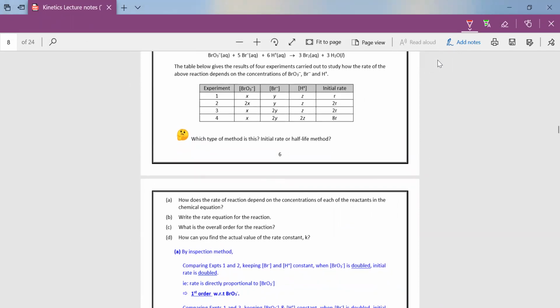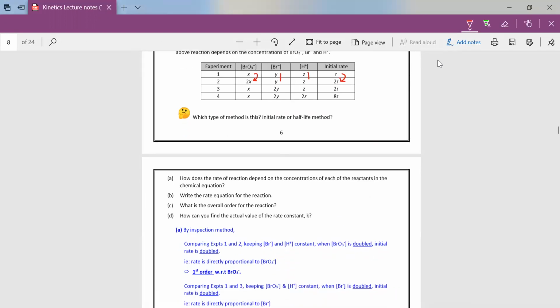Experiment 1 and 2, when you keep Br minus and H plus constant, and you increase the concentration of bromate by 2 times, we see that the rate also increased by 2 times. So the order of reaction with respect to bromate is 1.